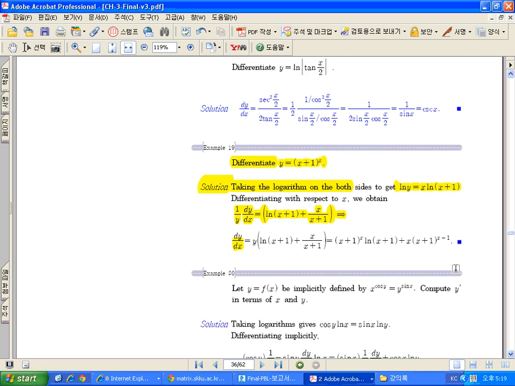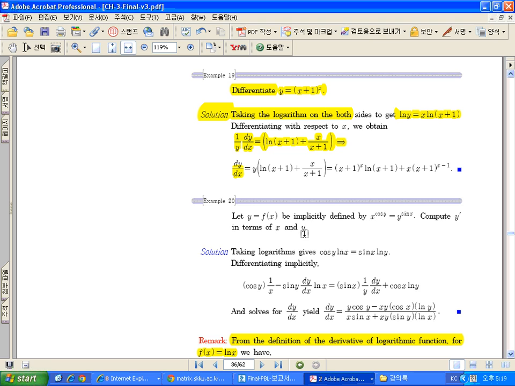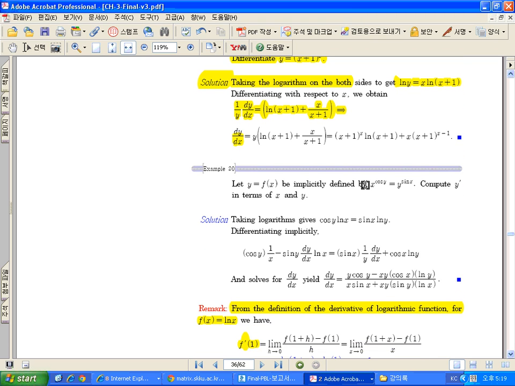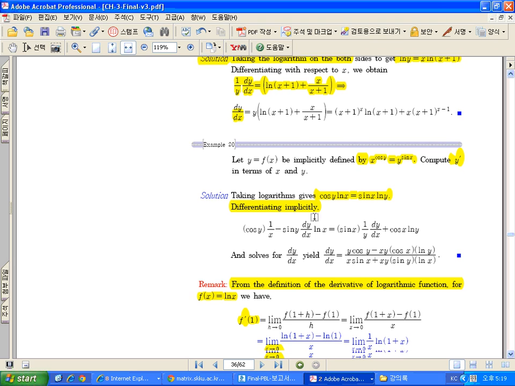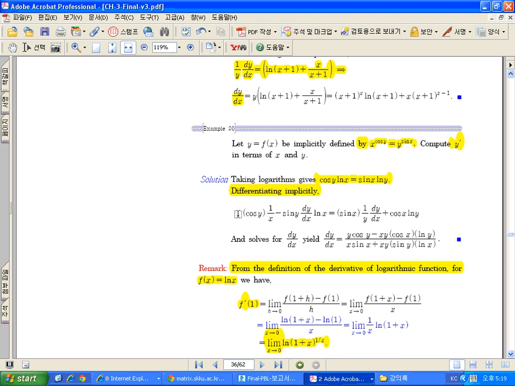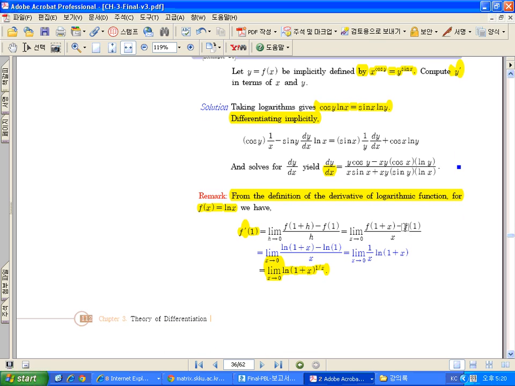So it has a whole lot of applications. Okay, if we have an implicit equation like this, to find the y prime in terms of x and y, then take a logarithm on both sides, differentiate implicitly on both sides to find dy dx in terms of x and y, like this. Okay, this is the way.